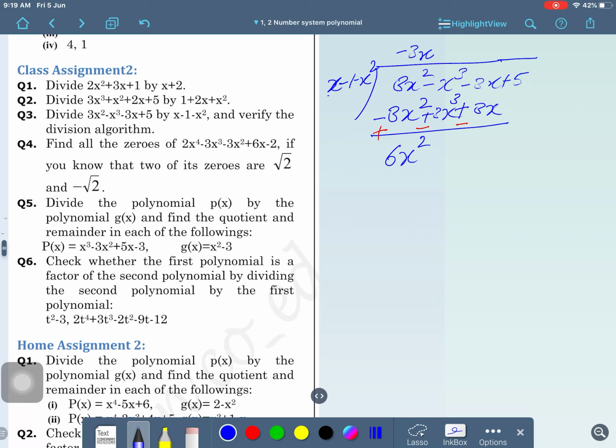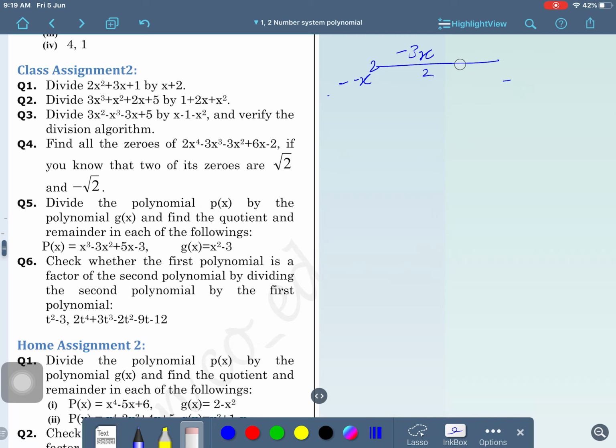Sorry, no, wait a minute please, there is some mistake. What mistake is there? Okay, like that here. The bigger term is to be written here, clear appearance is to be given in this.